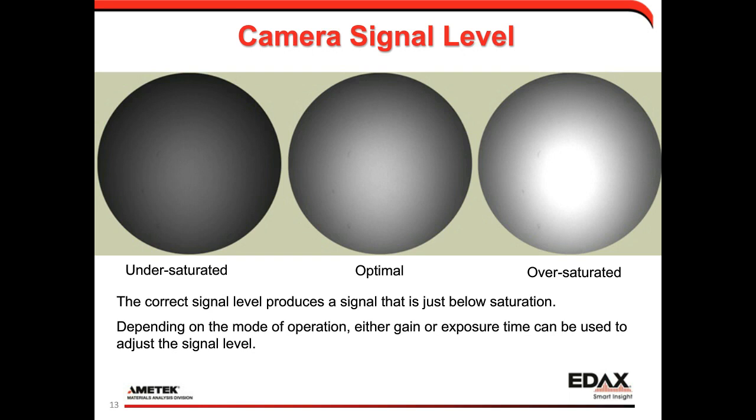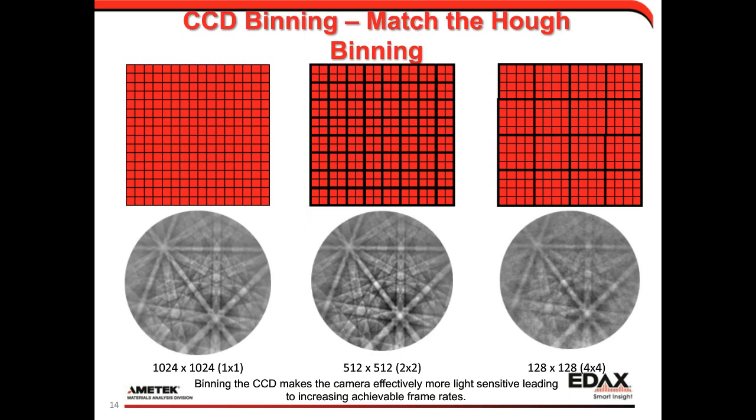So the biggest thing here is that something called binning is going to be our biggest advantage for gaining speed. With binning, I'm effectively making the camera more sensitive to light to increase my frame rates, but I'm losing a little bit of resolution in my patterns.